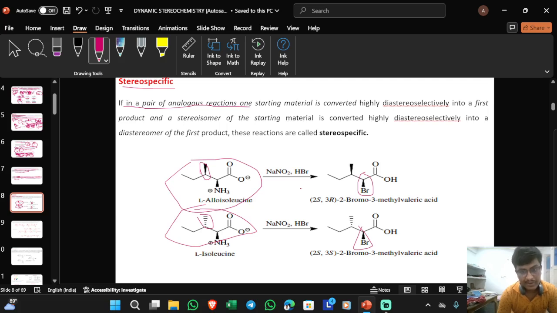I am talking now about this reaction, which is involved, but the reaction does not affect this carbon.